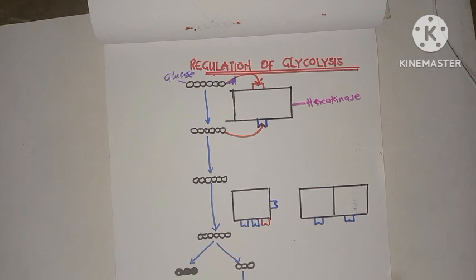And with the hormonal regulation, we're going to talk about two types of hormone, insulin and then glucagon. Insulin is released when blood glucose levels are high.